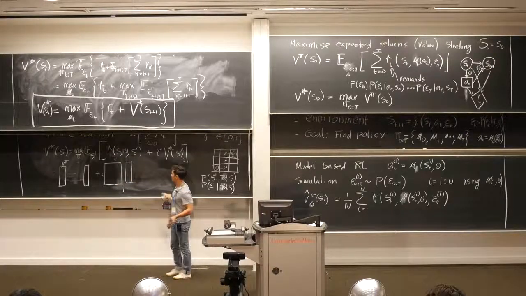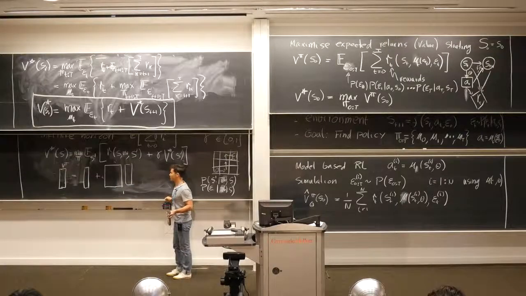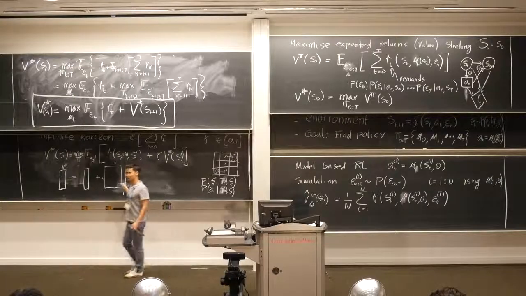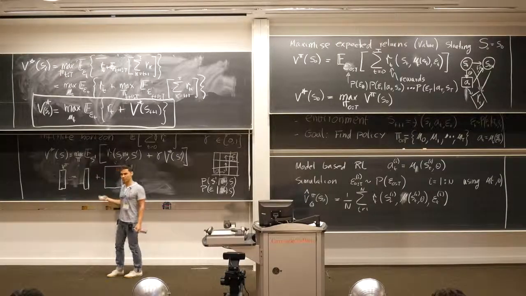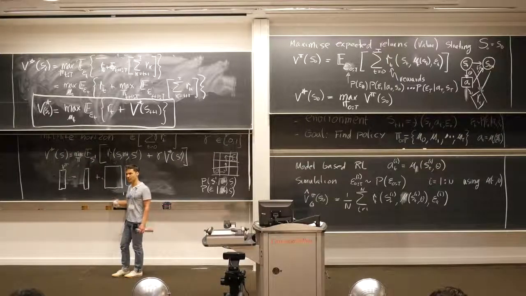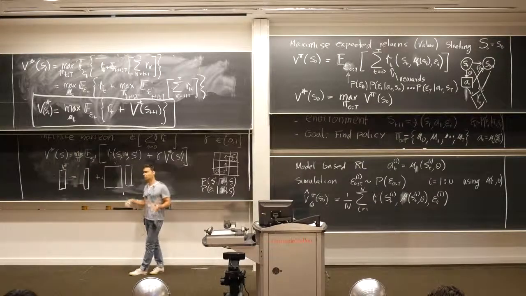And so when you actually implement these algorithms, all you're doing is you're solving a linear system. And so the computation, depending on how you solve it, will be n cubed, or n squared times the number of iterations. And all these different ways of solving this lead to different algorithms out there, like value iteration, policy iteration.